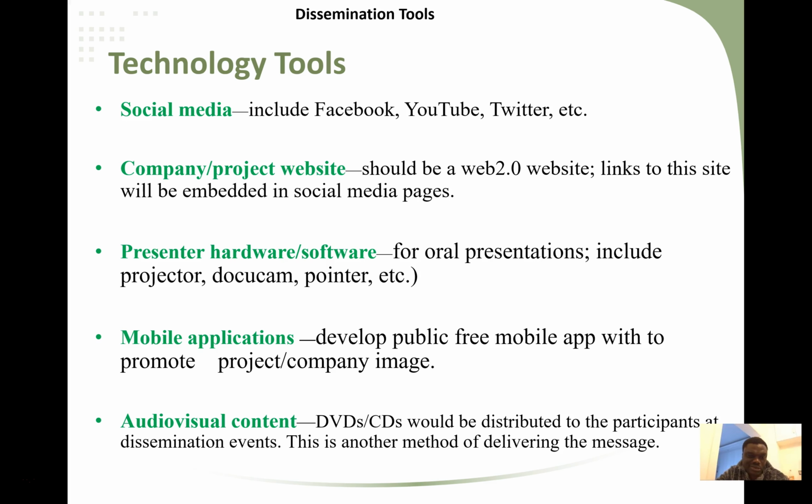Audiovisual content would include DVDs and CDs. After each dissemination phase, for example, after we do oral presentations, we can distribute these CDs or DVDs to our audience, and they would be able to view them at their own time, anytime when they get home, and this will be another way to send the message to them.